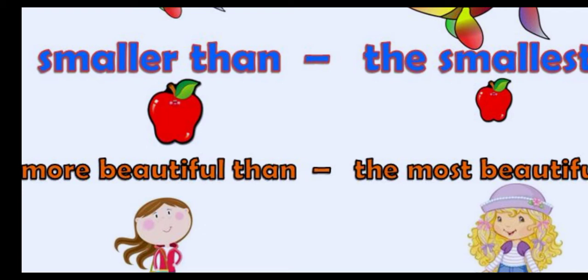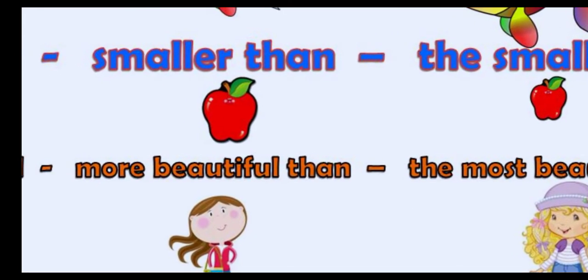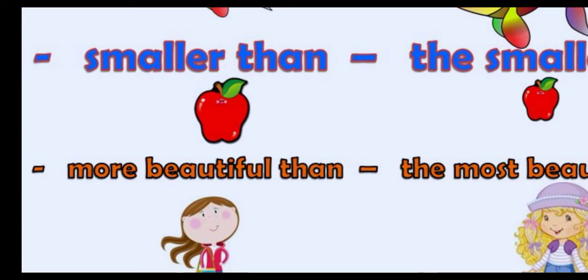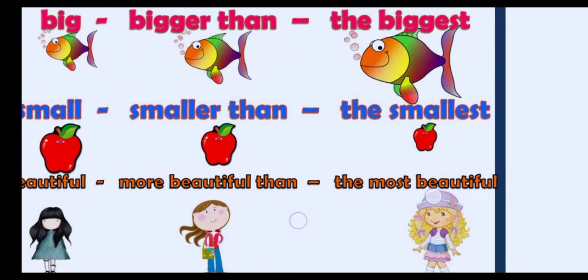Beautiful is made up of two words. The first word is beauty and the second word is full. They both have different meanings, but when they are combined together, they form a single meaning, that is beautiful. So for such a word, which is made up of two different words with different meanings, in front of it we use more for the comparative part and most for the superlative part.